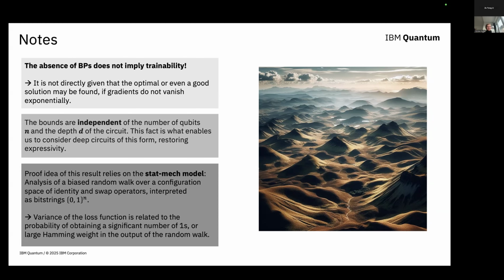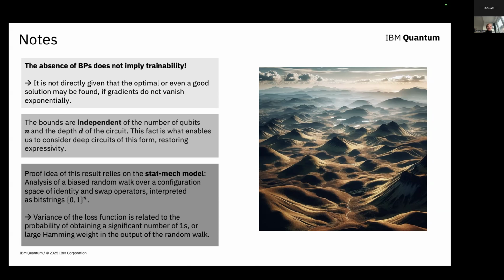We used a StatMech model, which is quite nice because it provides a representation in terms of a random walk, where each operation defines a transition matrix, and then we can look at basically the rate of convergence of the random walk, which in turn defines our gradient variance.